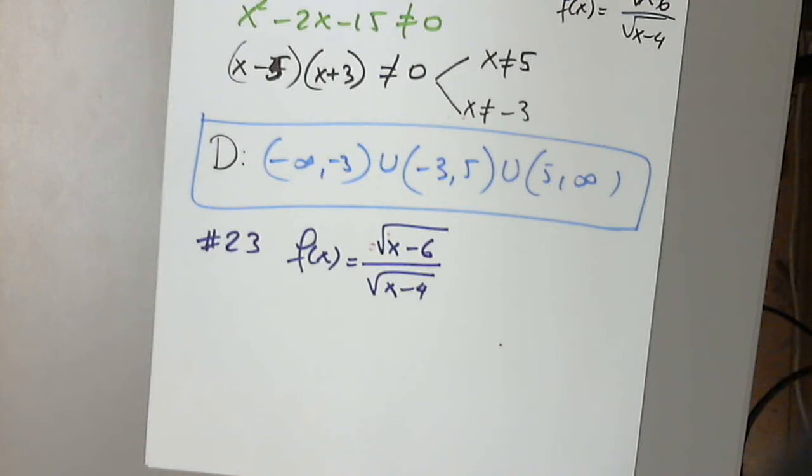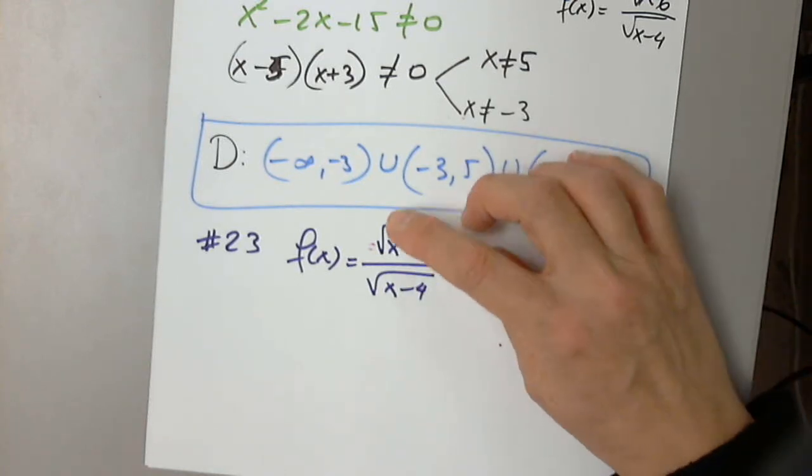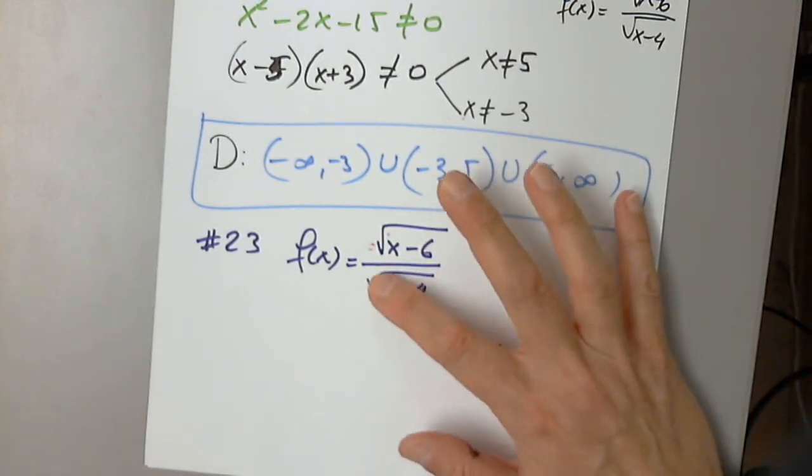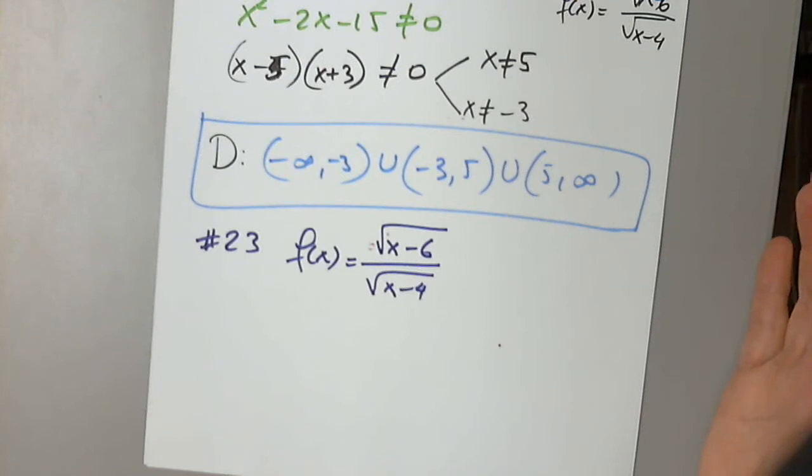You can't say what it is. I can only say that it's a ratio of two radicals. Good. I have to have a restriction for this, and the denominator cannot be 0.